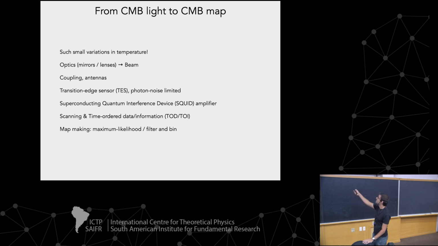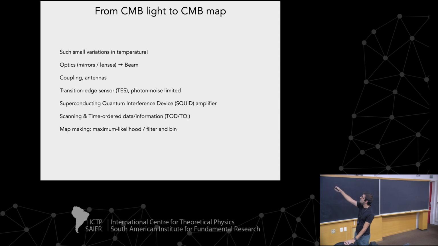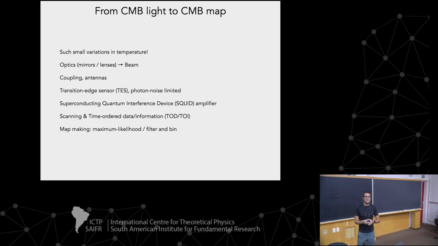You'll see two types of CMB experiments with two types of optics. You will see telescopes with large apertures that typically use mirrors and then lenses, and telescopes with smaller apertures that use only lenses. So refractive telescopes with just lenses, and reflective telescopes that also have a mirror.